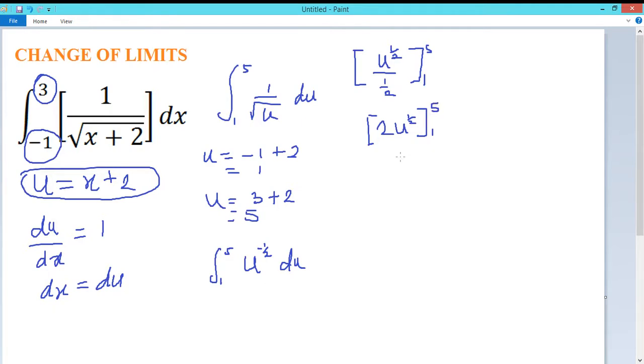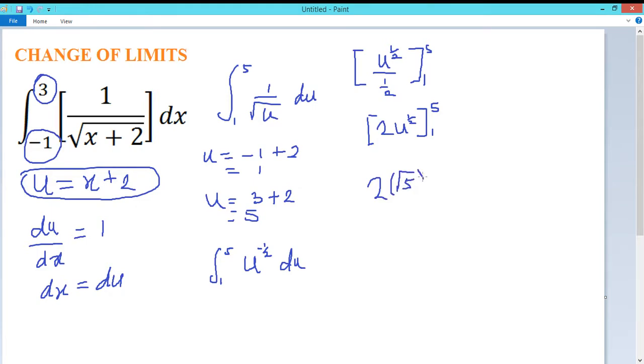Those who came to Scholars Campus were taught how to deal with these limits. In fact, if I have limits introduced into the integration, it means you substitute the upper limit, the top number here, into the function, minus the substitution of the lower limit. So this becomes 2 into bracket square root of 5.